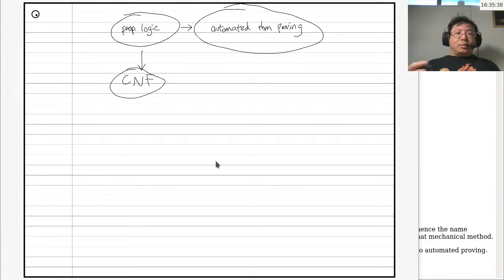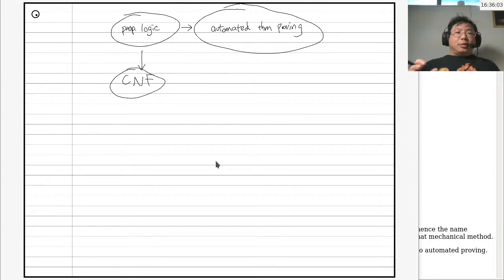CNF as a term is already in the module, so if you have read ahead in the module a little bit, you will recognize CNF is conjunctive normal form. Conjunctive normal form is interesting because the premise is every single Boolean expression using all the operators that we are familiar with, such as conjunction, disjunction, negation, implication, equivalency, and so on.